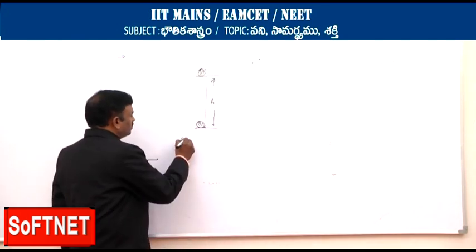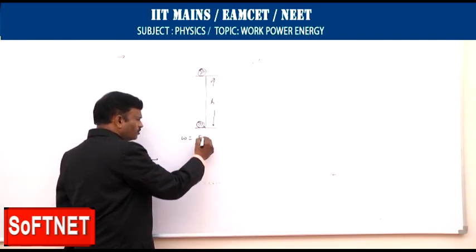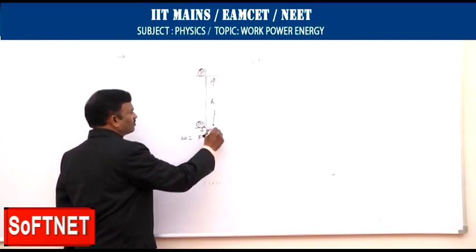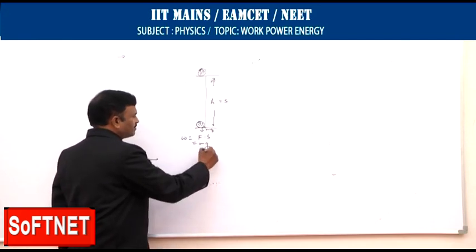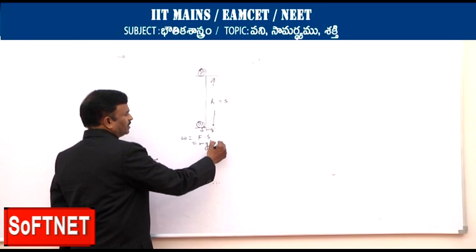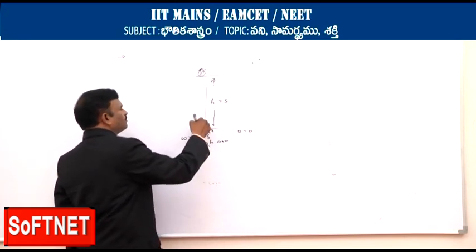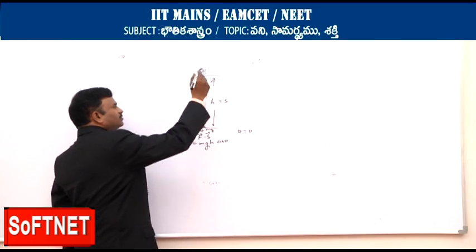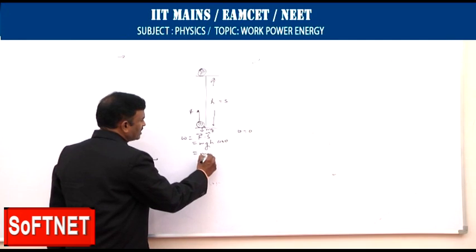So work done is equal to what you can write, force into displacement. Weight is acting in the downward direction, and S is equal to H here. So force is mg, and displacement is H into cos theta. Cos theta is what? It is 0, because the force is acting in the upward direction and the body is also going in the upward direction. Theta is 0. That is the reason mgh.